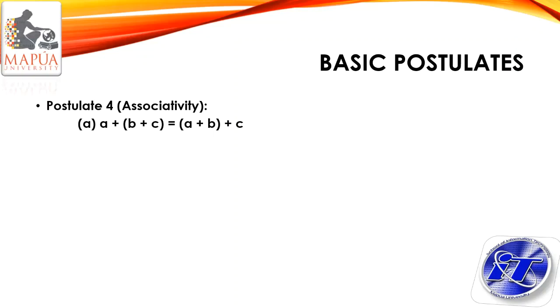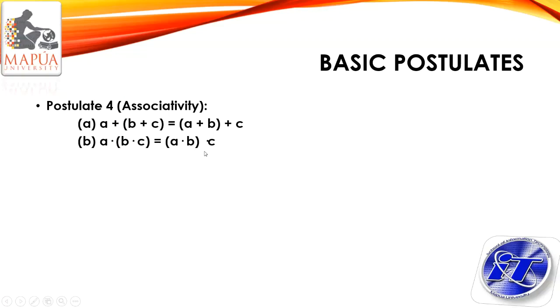Another form of postulate 4: A AND (B AND C) is equal to (A AND B) AND C. By default here, B is associated with C. Since this term is associated through AND, we could change the association of B from C to A. It will not change the meaning of the equation.